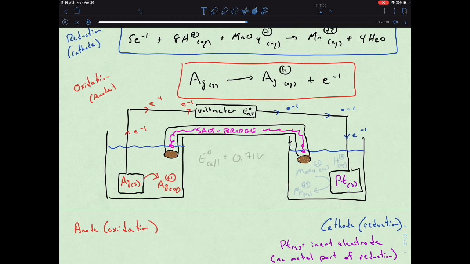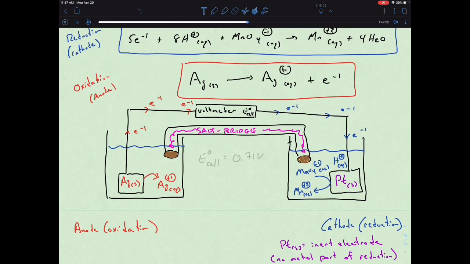So the reduction is the manganate. That's aqueous. It's getting electrons and then turning into manganese plus 2. The other thing that we need to write here is that we are under acidic conditions, so that H plus is there as well.